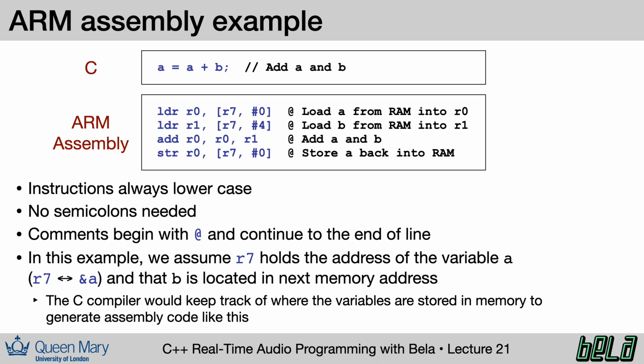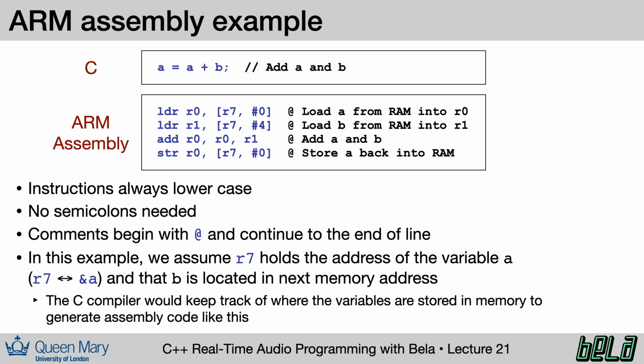On the top, we have a single line of C code which adds 2 variables together. This compiles to 4 assembly language instructions. Notice from a syntax point of view that the instructions are all lowercase and that there are no semicolons needed at the end of lines. If we have comments, these begin with an @ character and continue through the end of the line.